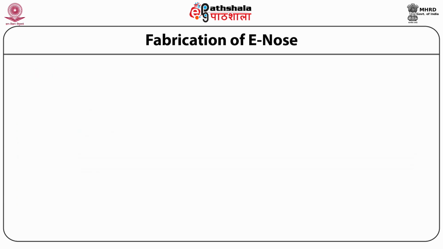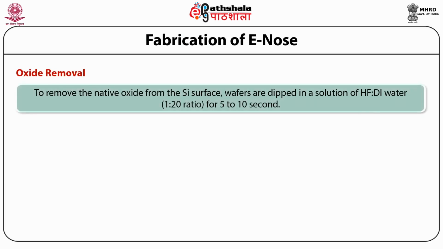Next is the oxide removal. To remove the native oxide from the silicon surface, wafers are dipped in a solution of HF and DI water, in the ratio of 1:20 for 5 to 10 seconds.